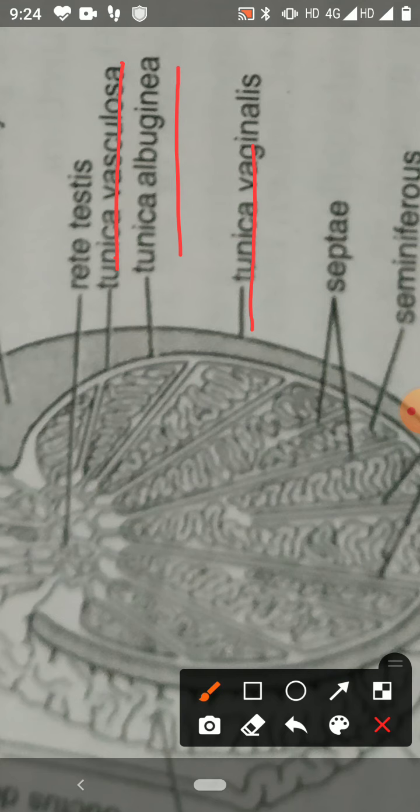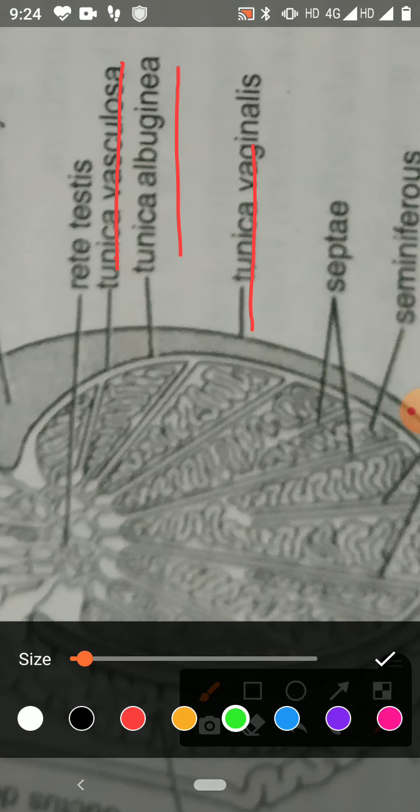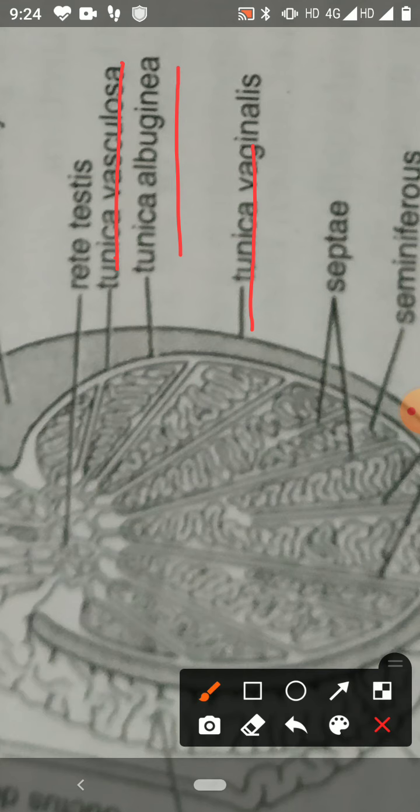But when we see the internal structure of the testis, it is internally divided into several lobules, which are called testicular lobules. So these are the lobules: 1, 2, 3, 4, 5, 6, 7, 8, 9.